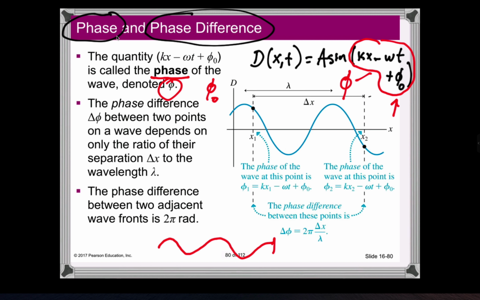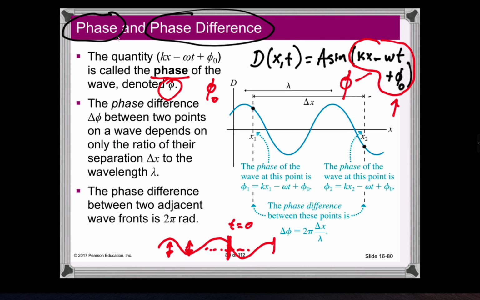Let's say that we attach a string to a wall or something like that, and when you're shaking this string, every point in that string is moving up and down, up and down. So when we take a picture at a particular time and we look at one point on that medium, that point is going to have a certain displacement from its equilibrium position, and every point, as we said, goes up and it goes down. So the phase of the wave at that point, at that time, tells us in what part of the oscillation that it's always doing that point is.